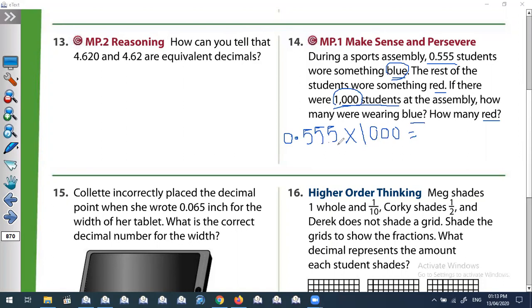So 1, 2, 3. The answer will be 555. This is for blue. What about red? Make 1,000, the rest of the students, minus 555.